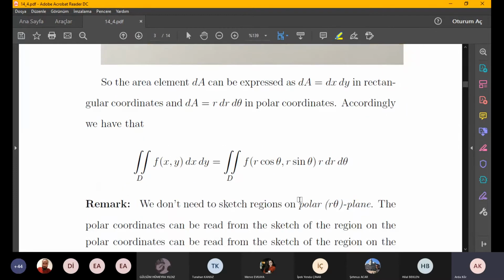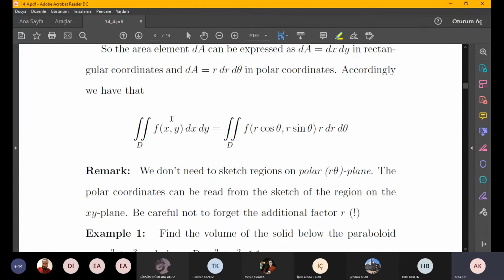So that means the double integration over D in the Cartesian coordinate system, from the definition that we had above and from the definition of dA we have seen in the figure, will be equal to the double integral of f(r cos theta, r sin theta) times r times dr times d theta.